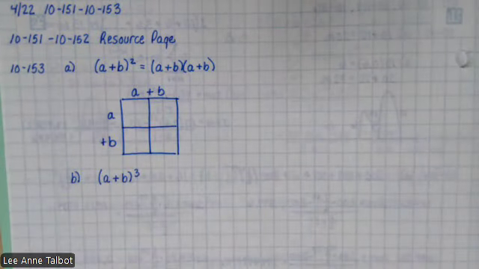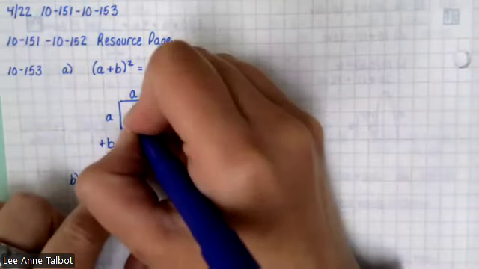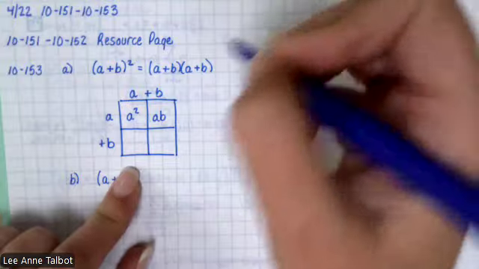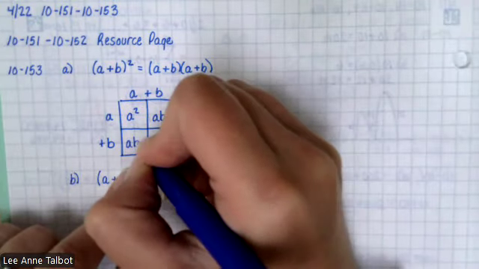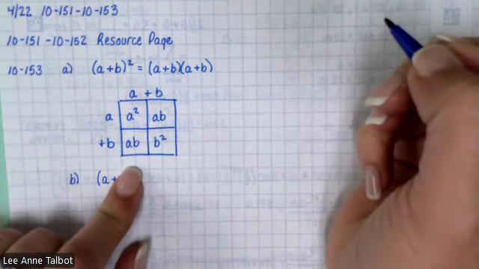To be honest with you, if I have a 2 by 2 situation, I usually will do the box because I find this to be easier than the binomial theorem. A squared, a times b, a times b, b squared.